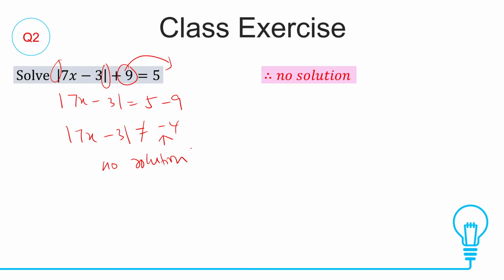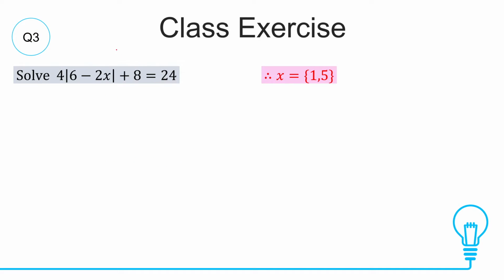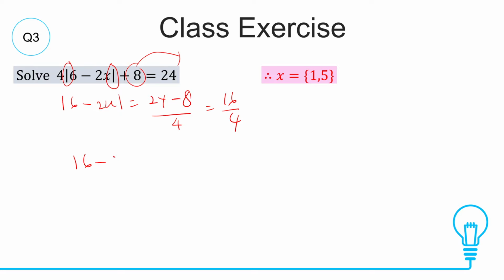Okay. Now, next, how about this one? When we want to break anything for the absolute, we need to let it stand alone. So I have absolute 6 minus 2x equals 24 minus 8, and this one shifted here becomes minus 8 and divided by 4. Actually, this is 16 divided by 4. So I have absolute 6 minus 2x equals 4.